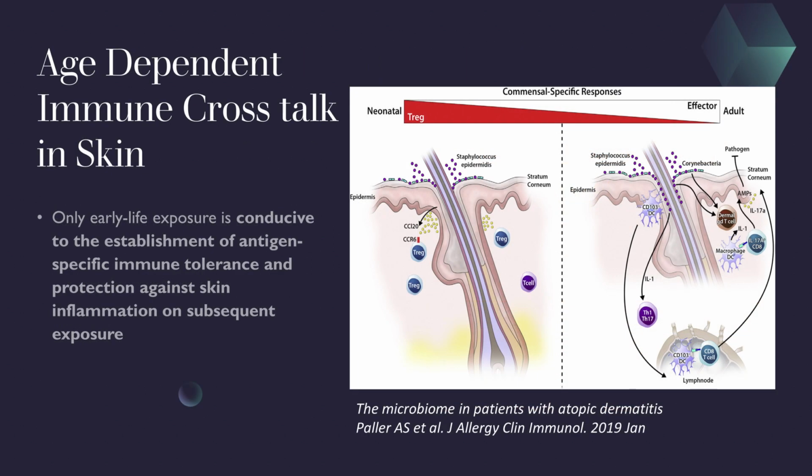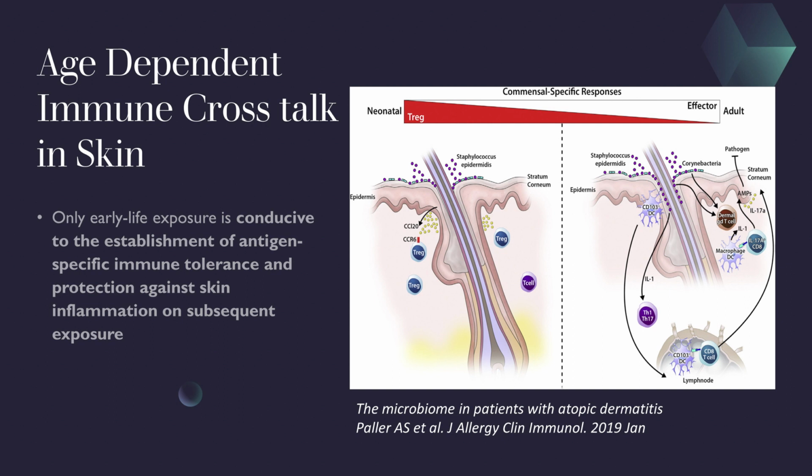Okay, age-dependent immune crosstalk in skin. Let's see what happens when the same bacteria is introduced in very early infancy and at a later stage. When Staphylococcus epidermidis is introduced at the neonatal stage, because of the T-regs, it actually tolerates this commensal.